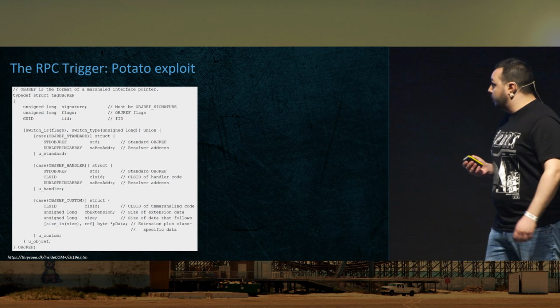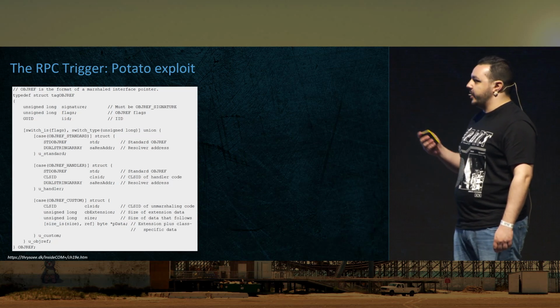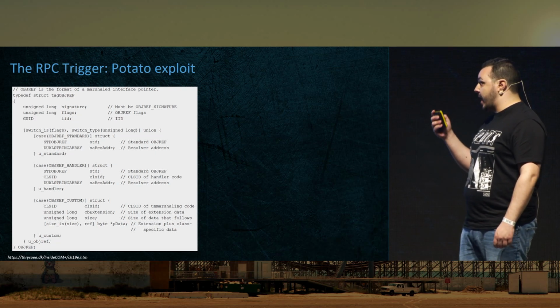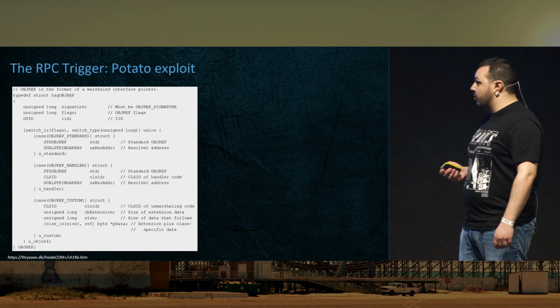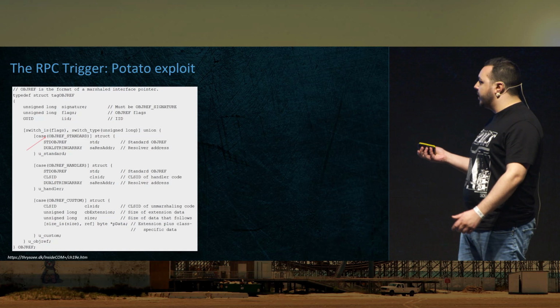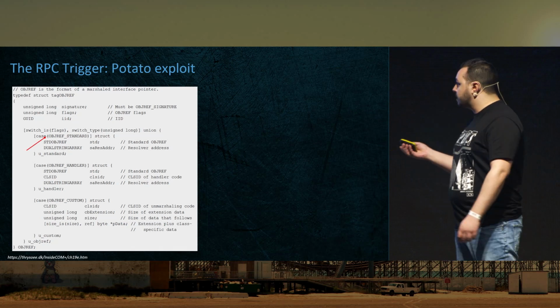So this is the OBJREF structure. There are some fields. It's a big structure. The first fields are signature, flags, and IID, and then, based on the object we are going to use, which in our case is always the OBJREF standard, we need to fill in some required values.